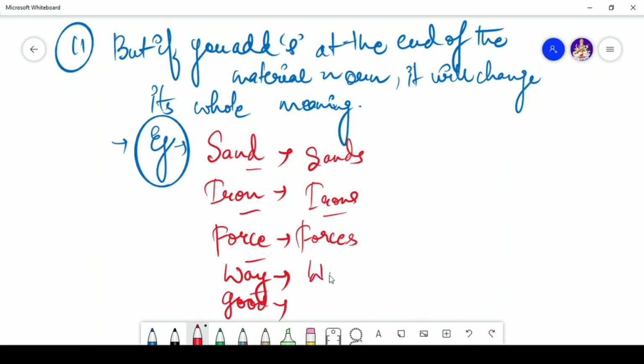Way is another thing, ways are another thing. Good means it is an adjective, for a person or for anything, like good health, good man, good woman, good girl, good boy. But when you say goods, you're talking about things. So whenever you add s at the end of a material noun, it is just going to change the whole meaning. The meaning will be changed from one to another. Got it?